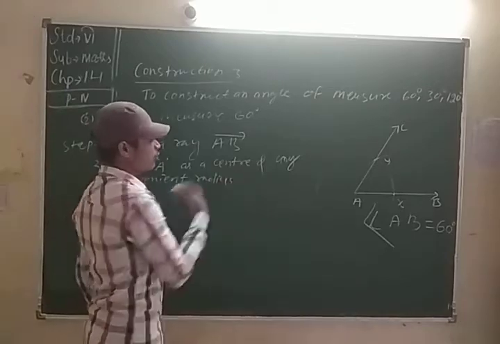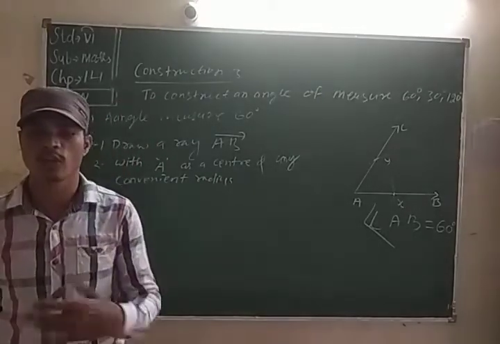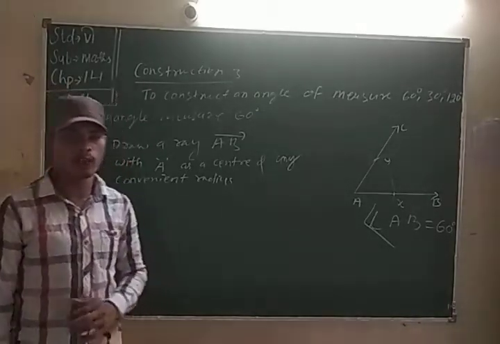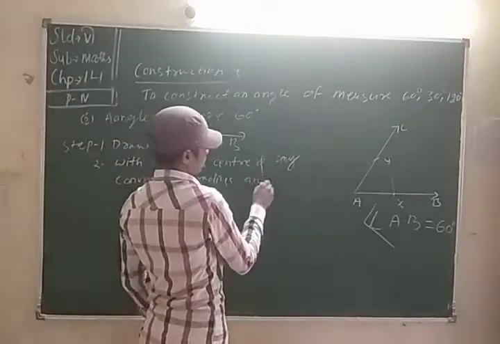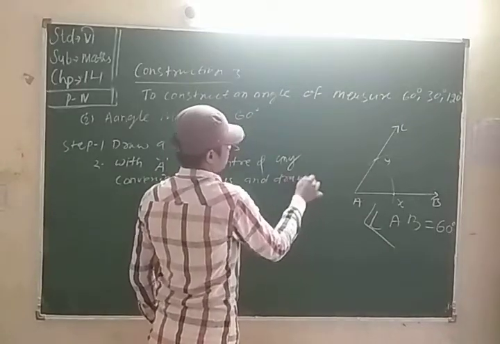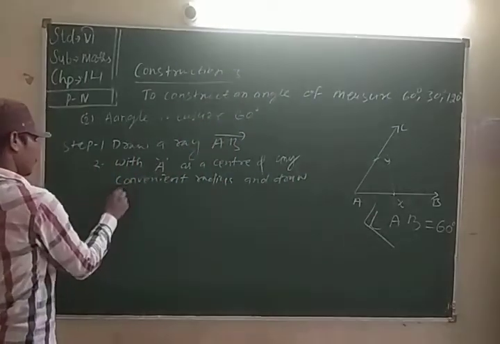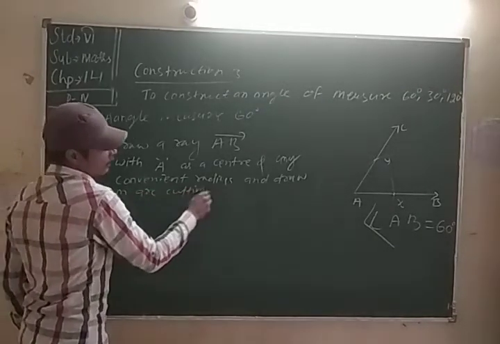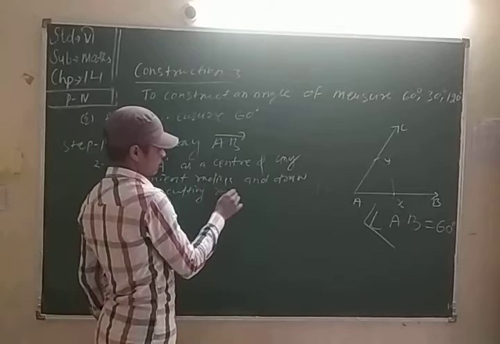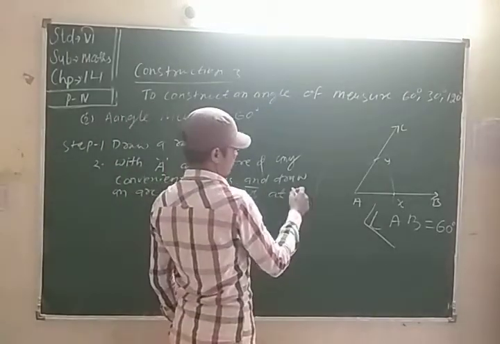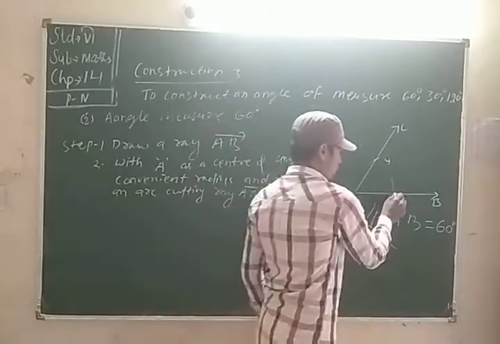It is not compulsory how much radius to take, you can take your own convenient radius, and draw an arc cutting ray AB at X. See here, draw an arc cutting ray AB at X.